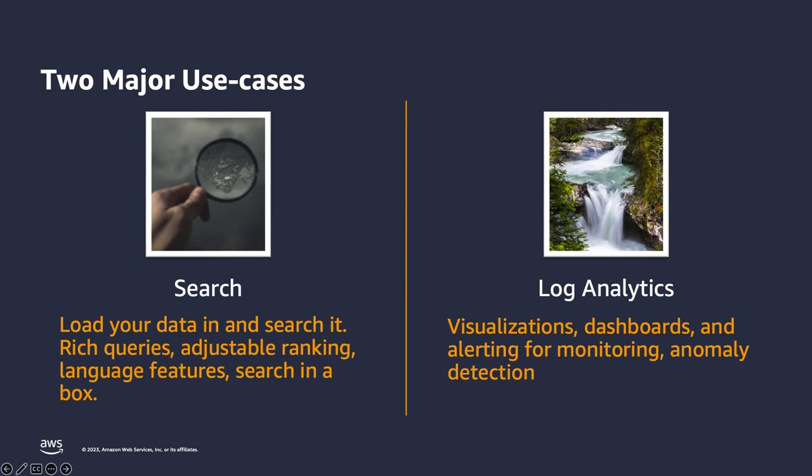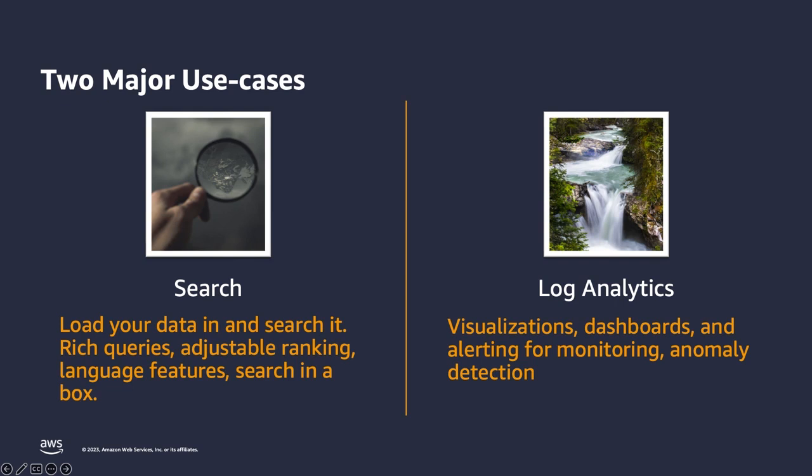The second use case that customers use Amazon OpenSearch for is log analytics. This is where you send your log files from your containers, from your servers, from your network devices or firewalls into Amazon OpenSearch Service, and then you create visualizations, dashboards, alerting, and even anomaly detection on top of those logs.